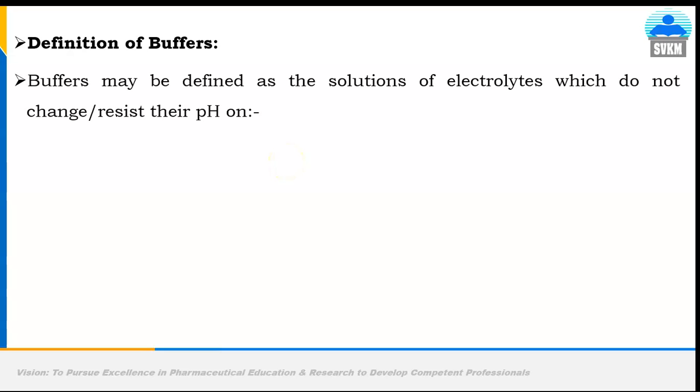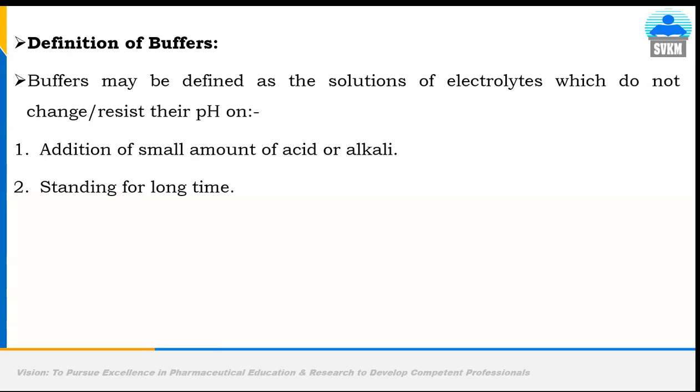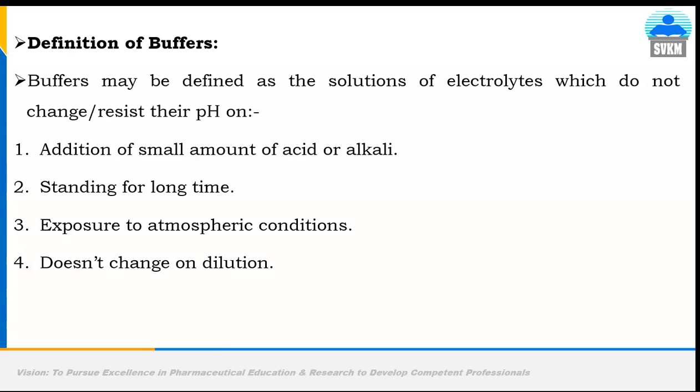Then definition of buffers. Buffers may be defined as a solution of electrolyte which does not change its pH on addition of a small amount of acid or alkali, standing for a long period of time, exposure to atmospheric condition, and doesn't change on dilution.